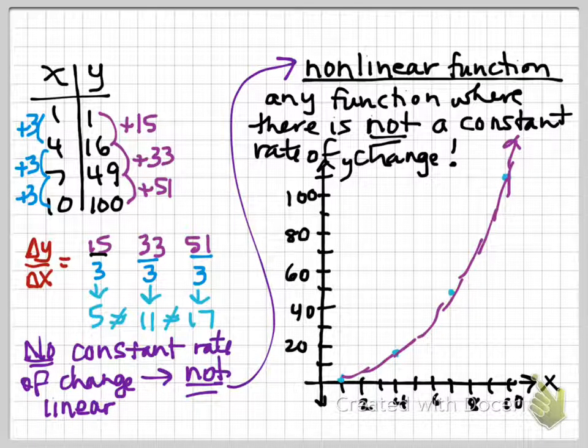Nonlinear. Okay, now that's what it is, but I want to come up with a word that describes what we're going to get. Nonlinear is not a good one because we want to be more specific about what kind of shape we get. Because it's not a line, it's got to be curved somehow, right? So what we're going to see is curves.